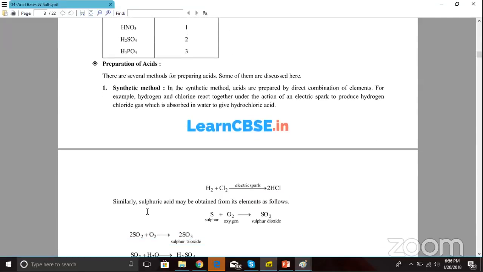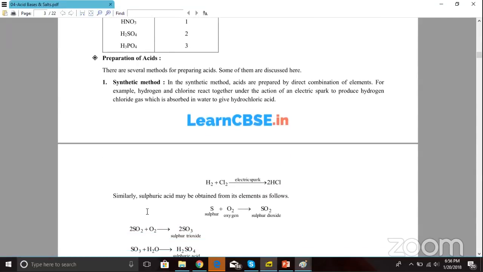Now the next one is the preparation of acids. How can we prepare the acids? Synthetic method. The acids can be prepared by the direct combination of the elements. For example, if you want to prepare HCl, there are two atoms present in HCl, one is hydrogen and the other is chlorine. Hydrogen gas we have to react with chlorine gas together under the action of an electric spark.